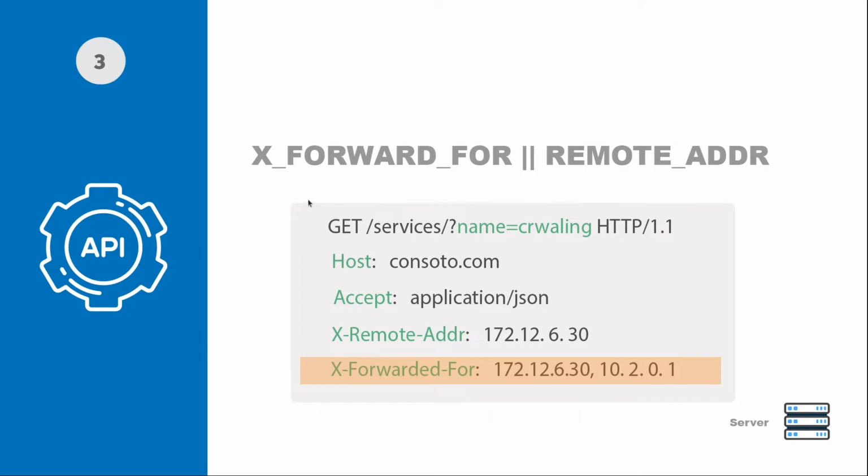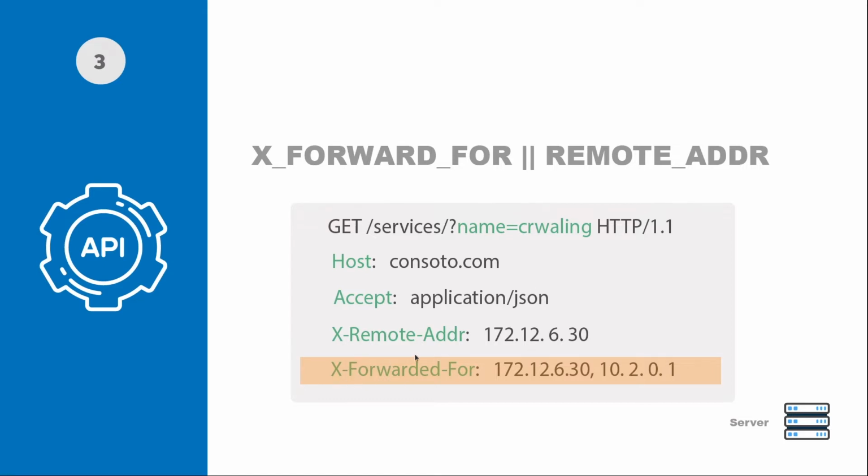We will demonstrate in this video how the X-Forwarded-For and the remote address are leveraged by Django REST framework to throttle a request. Mainly, we will look at different scenarios with X-Forwarded-For.